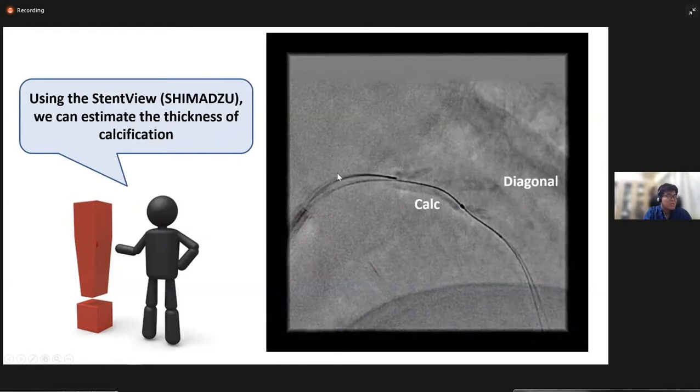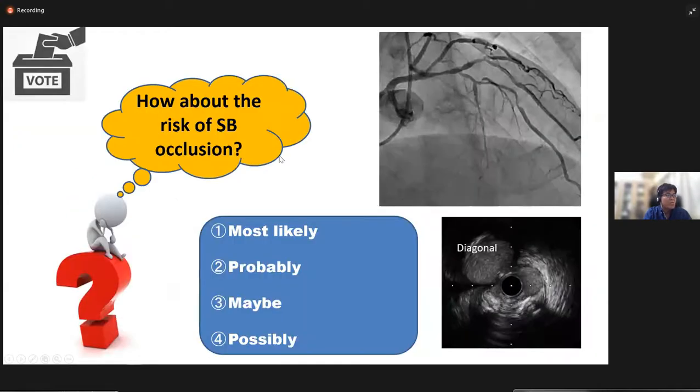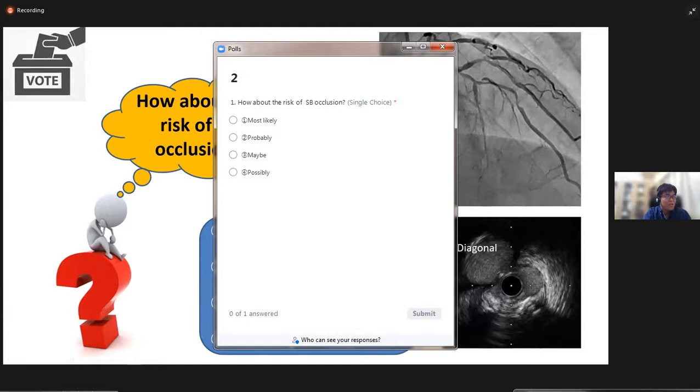So this is the second question. How about the risk of side branch occlusion in this case? I already mentioned, when considering the risk of side branch occlusion, you should apply 3 components to your case.